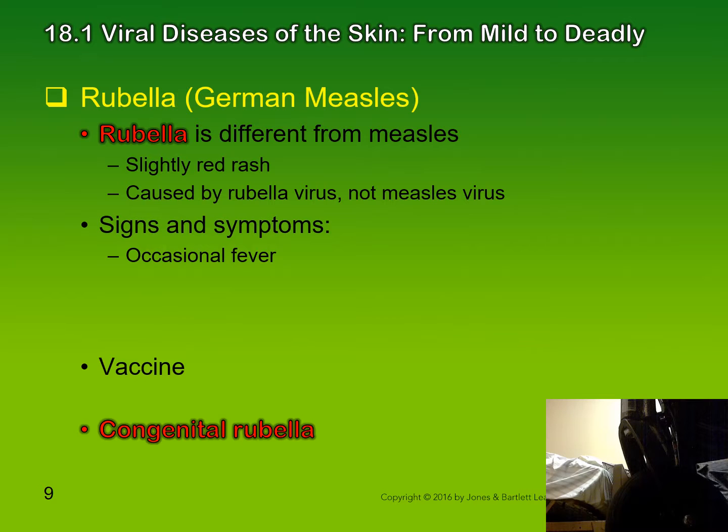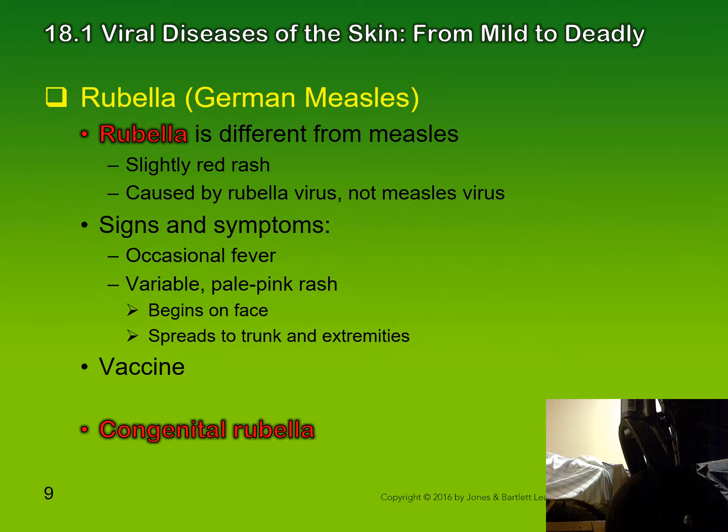You can occasionally get a fever, and a variable pale pink rash that almost always begins on the face and then spreads to the trunk and the extremities. And again, we have a very, very good vaccine for this.